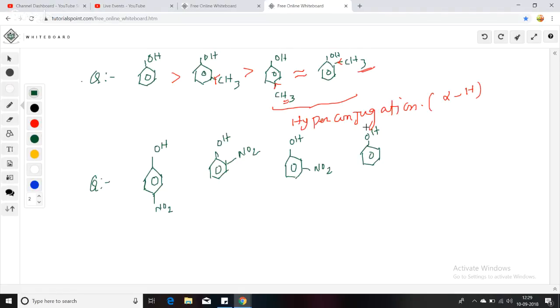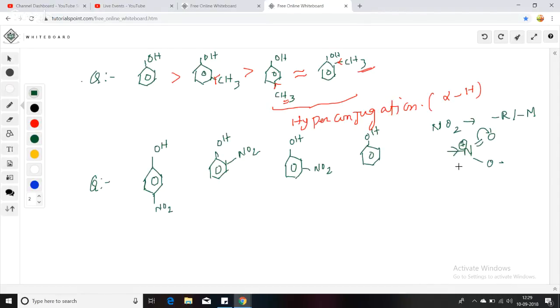Okay, now you see this NO2. NO2 has a minus R effect or minus M effect, correct? Minus R or minus M, because nitrogen and oxygen will have a double bond here. And here we have O negative and N positive. This is the structure we have. This bond can go over here and it can draw electrons from this bond, right?